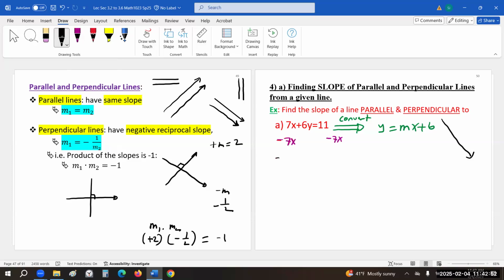So we have 6y equals negative 7x plus 11. And now what do you do? To get the y alone, what do you have to do? Divide individually by 6. So we have y equals negative 7 over 6x plus 11 over 6.